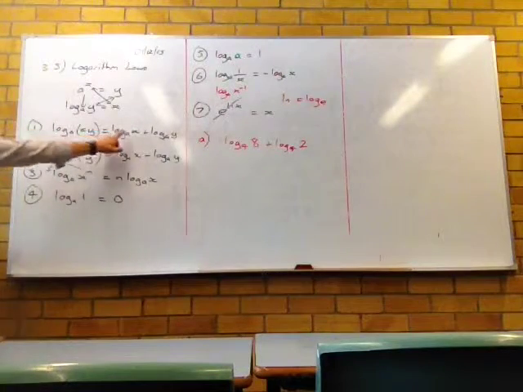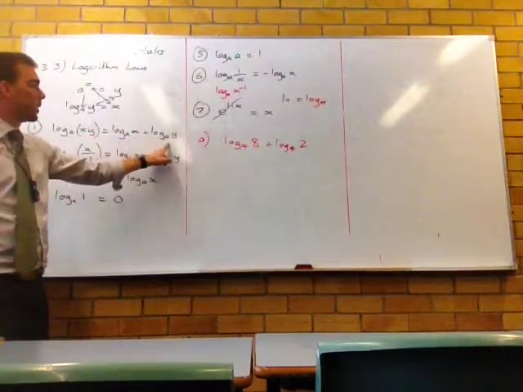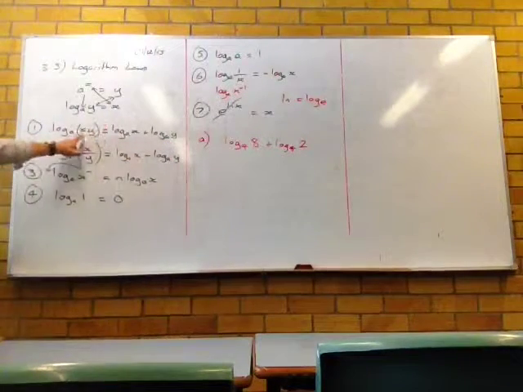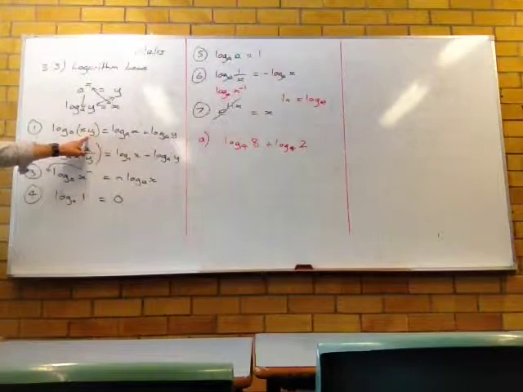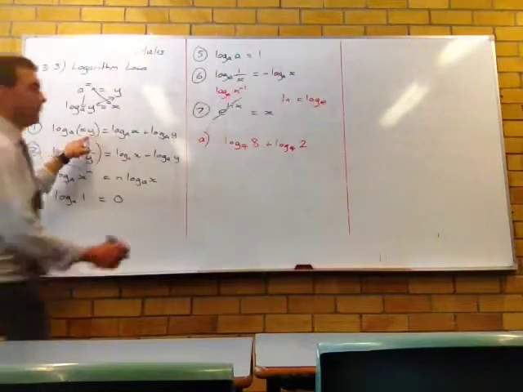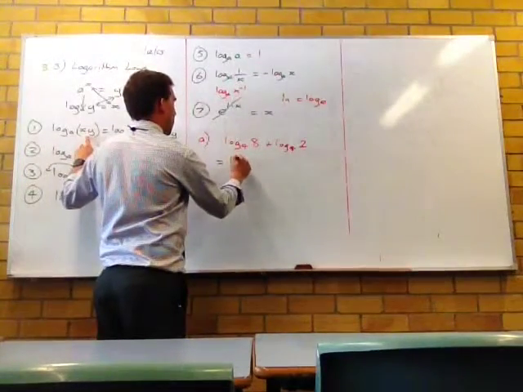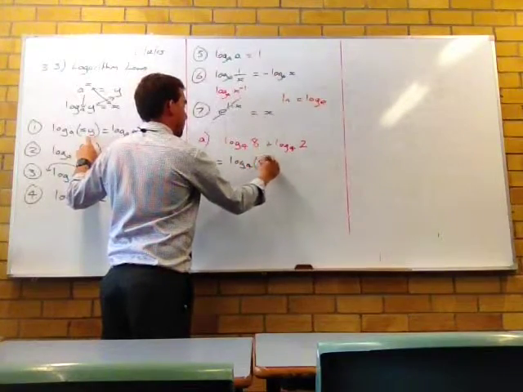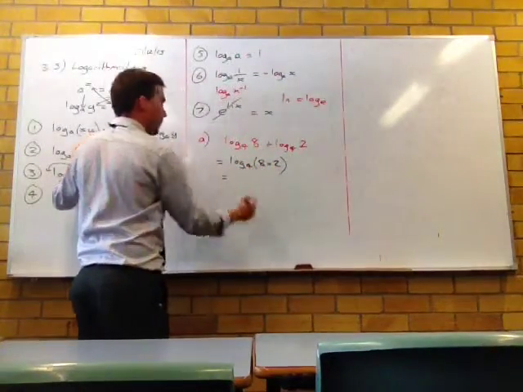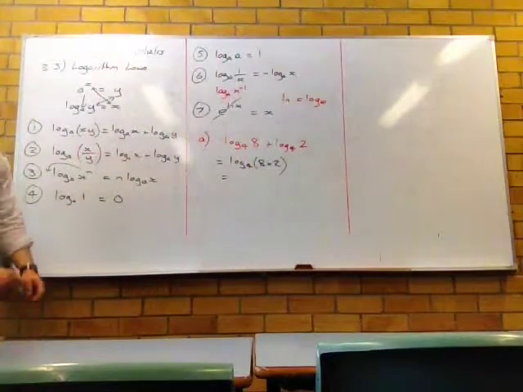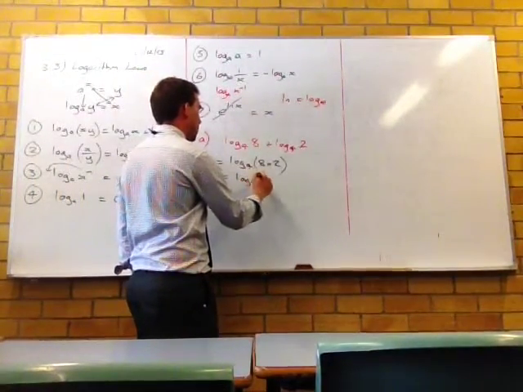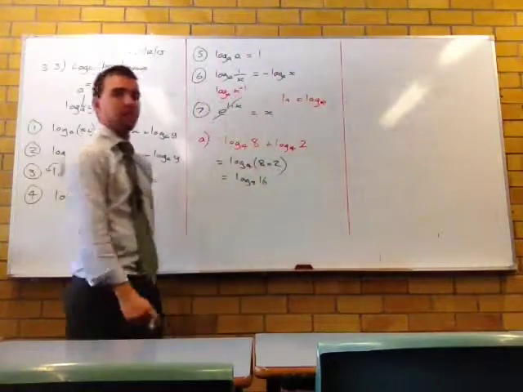So, log base a of 8 plus log base a of 4 is going to equal log base a of the product of 8 and 2. So log base 4 of 8 times 2, the log base 4 of 16.